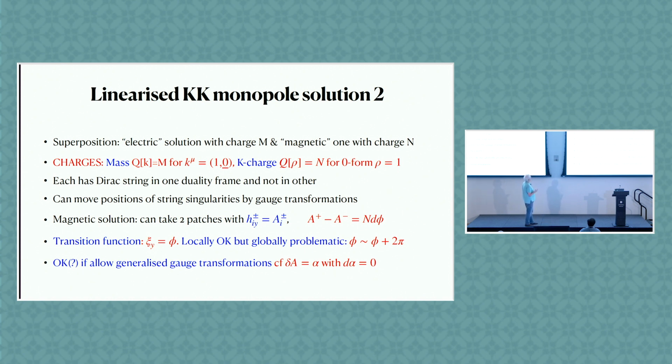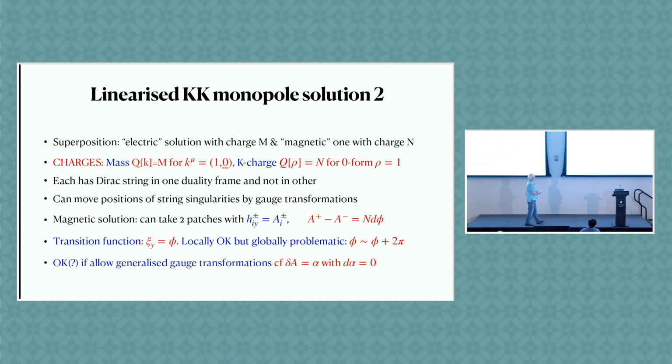M is the mass for the electric solution, and N is the KK charge for the magnetic part. And each one has a Dirac string in one duality frame and not in the other. And the positions of the Dirac strings can be moved around by gauge transformations.